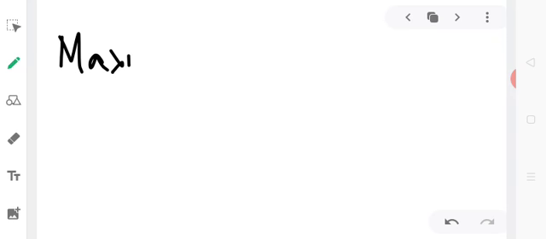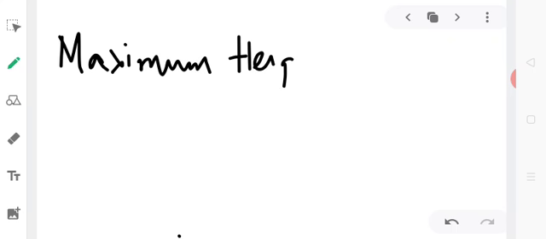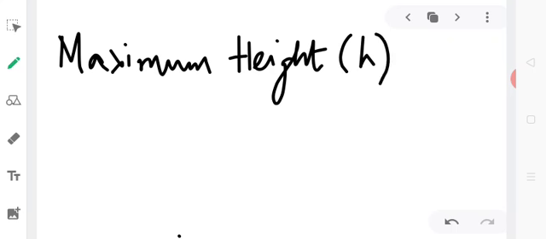Let us now find out an expression for the maximum height. Suppose we denote it with h. It is the maximum vertical height attained by the object above the point of projection during its flight.